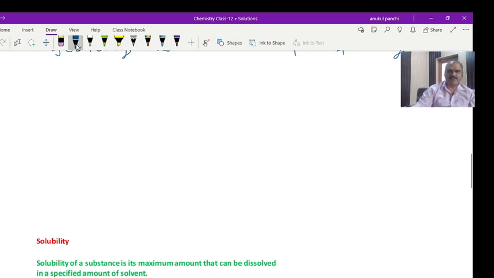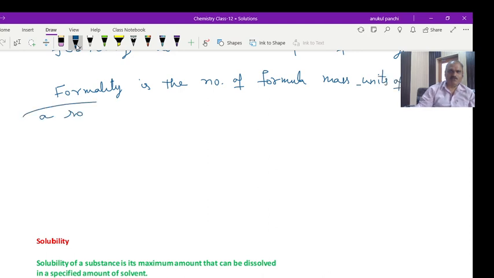Formality is the number of formula mass units of a solute dissolved per liter of solution.